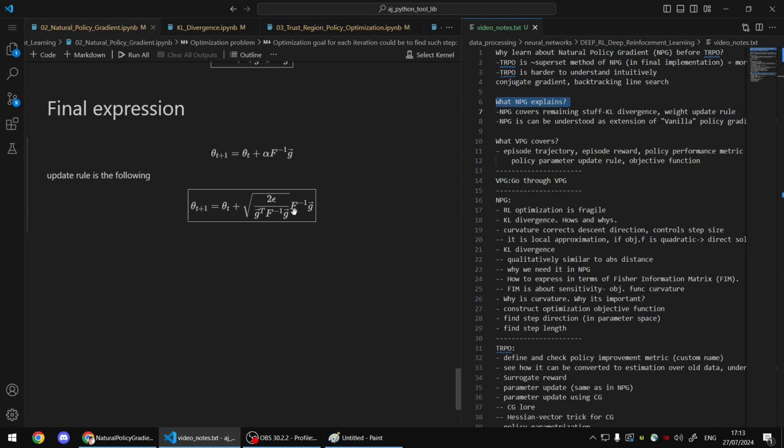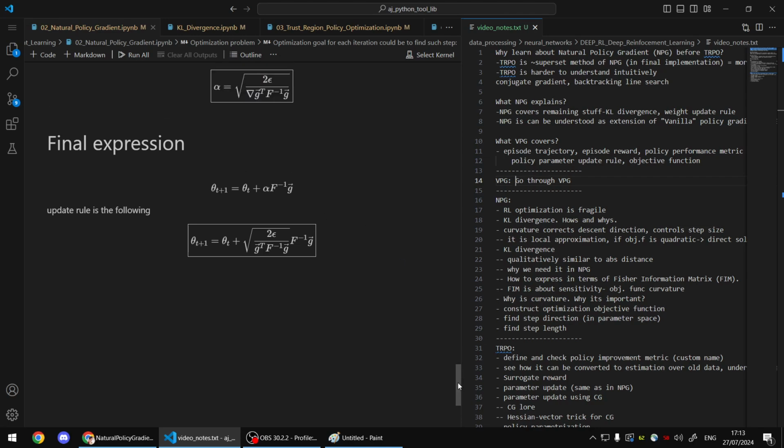That's a common thing to say, is that if your neural network is large, this matrix may be n by n, and this n can be huge. So this will be solved in TRPO.